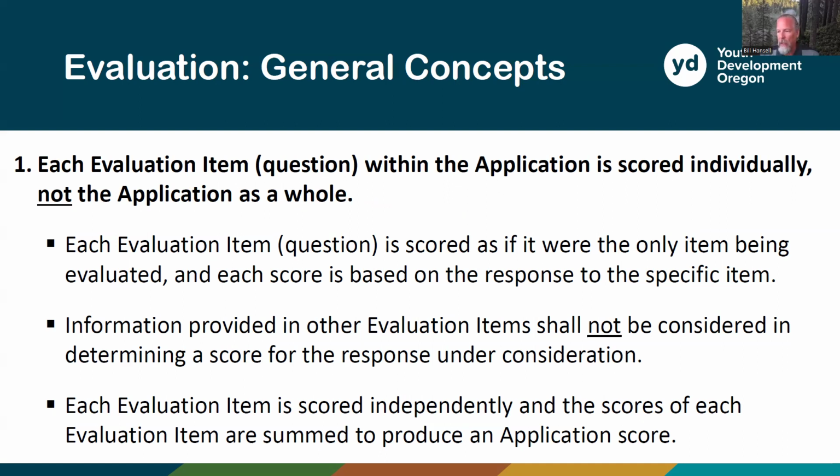Information provided in other evaluation items, and by evaluation items, it means the scored items, shall not be considered in determining a score for the response under consideration. Each item is scored independently, and the standalone evaluation item scores are summed to produce the application score.